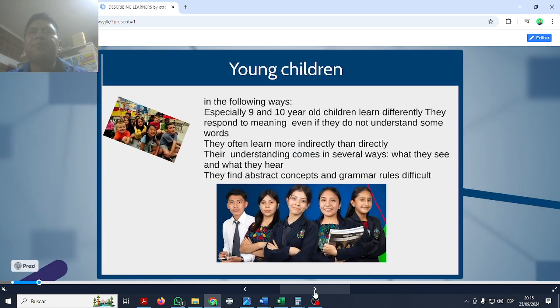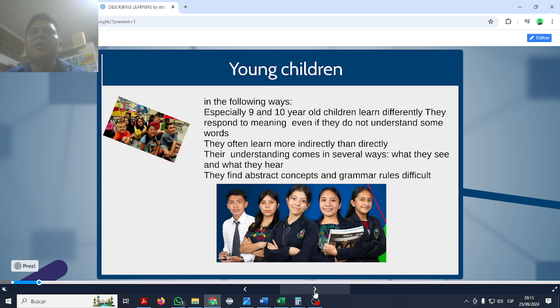Then young children, especially 9 and 10 years old, learn differently. They respond to meaning even if they do not understand some words. They often learn more directly, and their understanding comes in several ways, through what they see and what they hear.